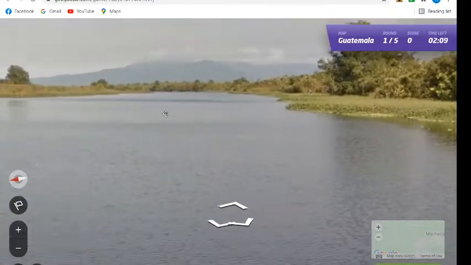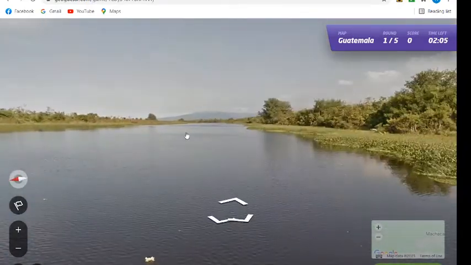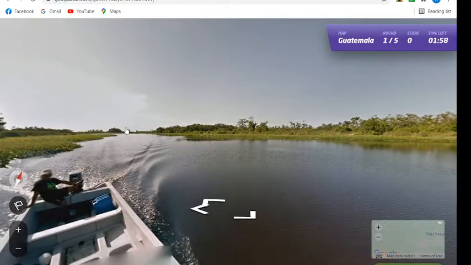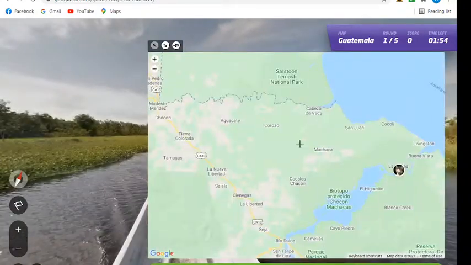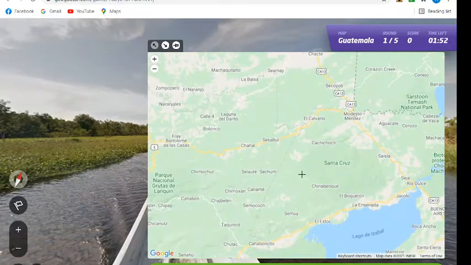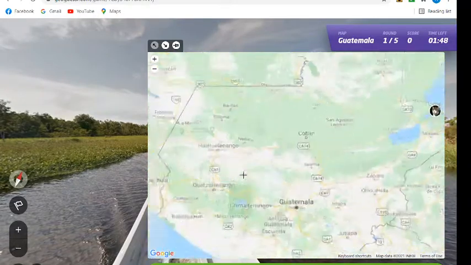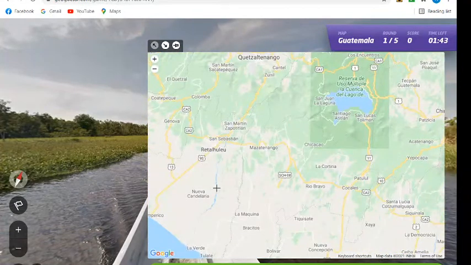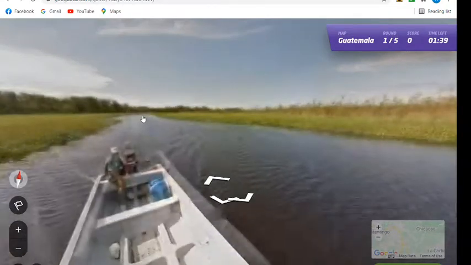Wait, which direction are the... okay, so that's in the east, which, okay, that's odd. Could we be on the Pacific side? Yeah, we could be maybe in here or on the Pacific side. Hmm.